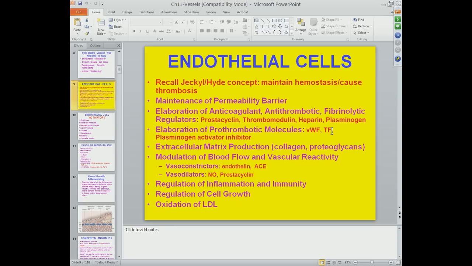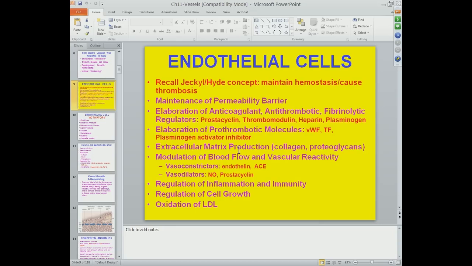Tissue factor, which is the main initiator of coagulation and the quickest way for blood to clot, as well as plasminogen activator inhibitor. So on the one hand, when it's resting, it makes plasminogen to promote fibrinolysis. When it's messed with, it makes a plasminogen inhibitor, which is the opposite. So that's what I mean about the Jekyll and Hyde concept.